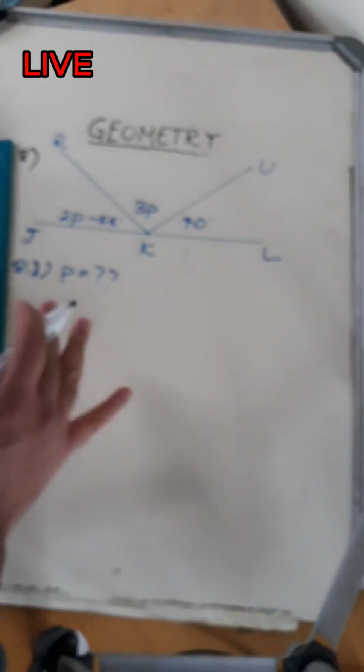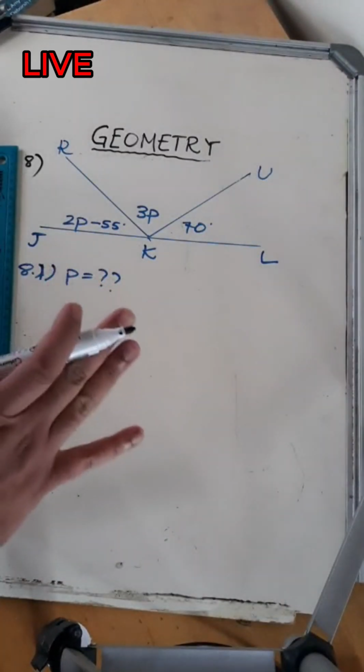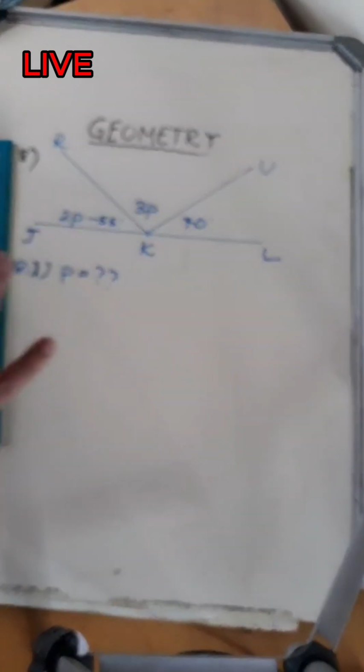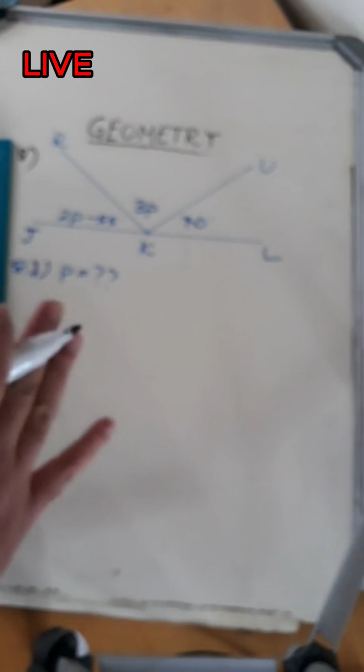Okay, so finally, our last one, we're going to use for the final time in this live session the theorem that says angles on a straight line is equal to 180 degrees, and that's exactly what I'm going to apply here. And remember, whenever you do something in geometry, you must include a reason. Most of the times, basically all the time.